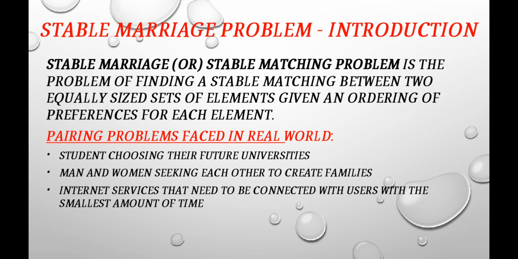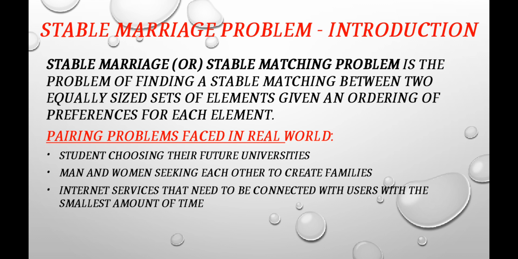So where do we use this kind of pairing problem in real world scenarios? It can be used in different examples, such as students choosing their future universities. Suppose a student applies to many universities, he can study in only one university. So how do we pair the students with educational institutions? In this real world scenario, stable matching is used.